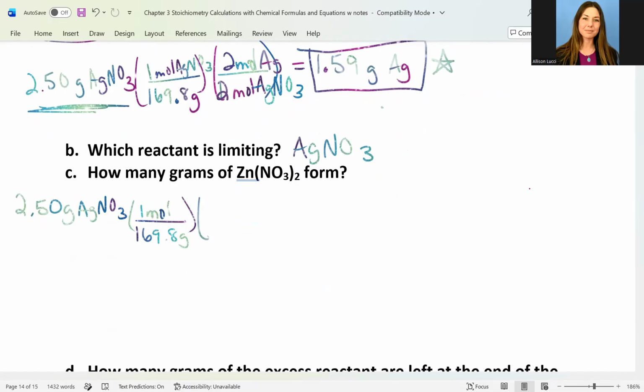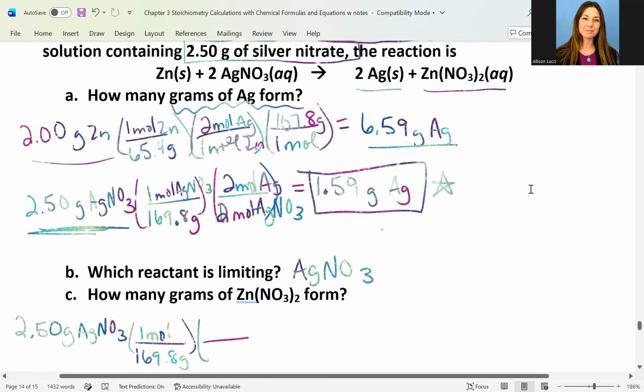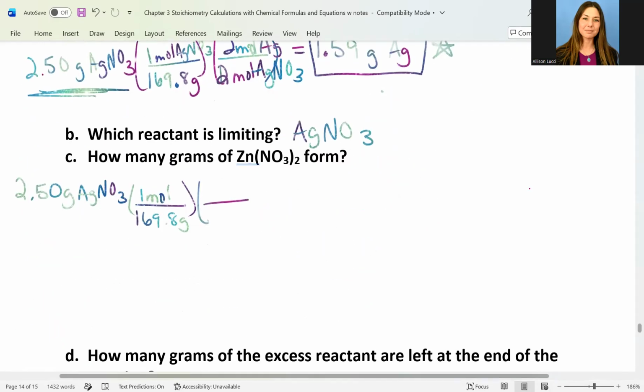And then from the balanced reaction, let's go back up and look, for every 2 moles of silver nitrate, we can make 1 mole of zinc nitrate. So let's plug in 2 moles of silver nitrate down here. That will cancel with this. And then we could make 1 mole of the zinc nitrate.